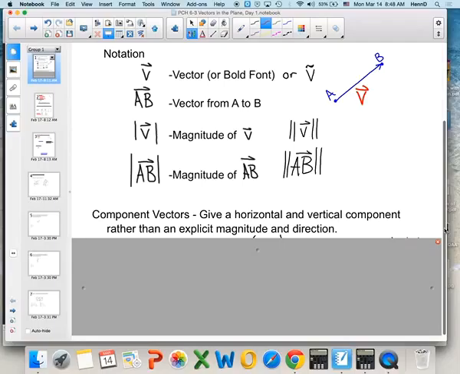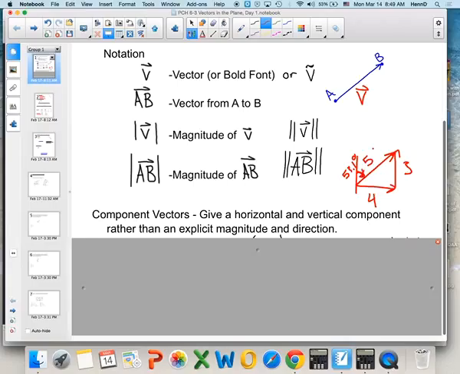Okay? So here is horizontal component 4, vertical component 3. That gives us the same thing as if I said it was 5 at a bearing here of 53.1 degrees. That would be this angle right here.